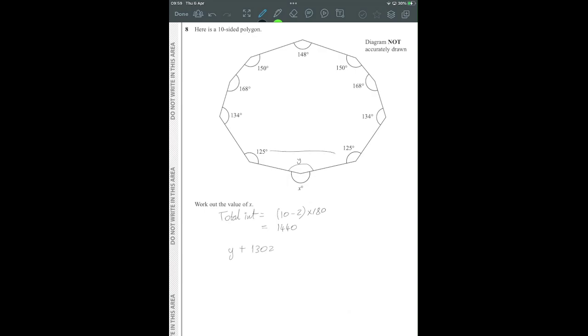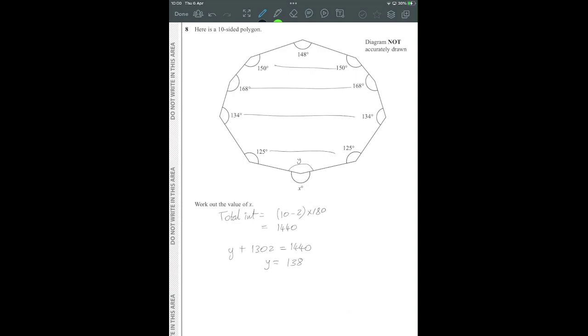We've kind of got those two match, those two match, those two match, and those two match. That might be a good way to check your work afterwards. But I'm coming out as 1302. So y equals, subtract that off the 1440, 138.